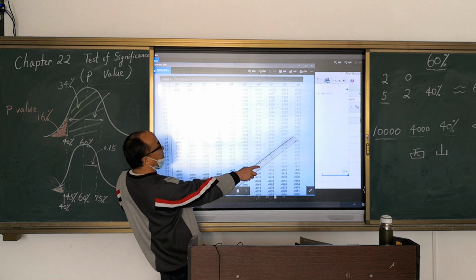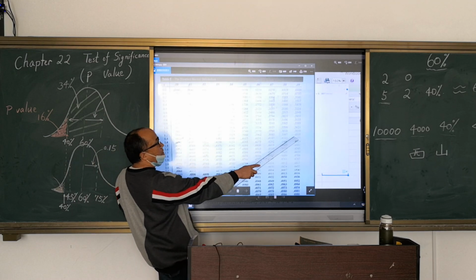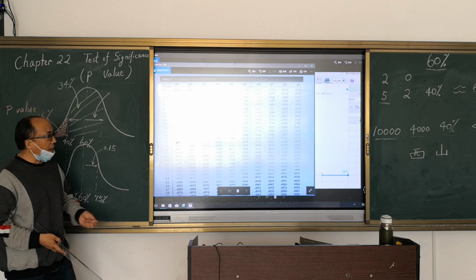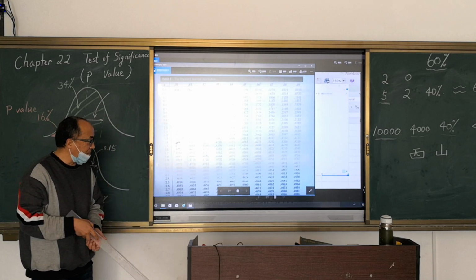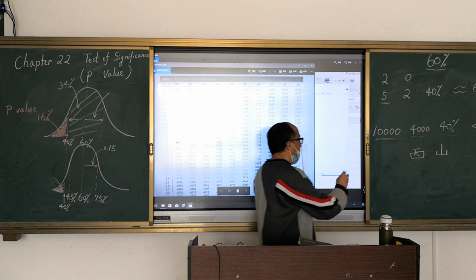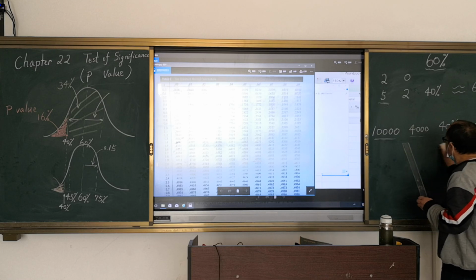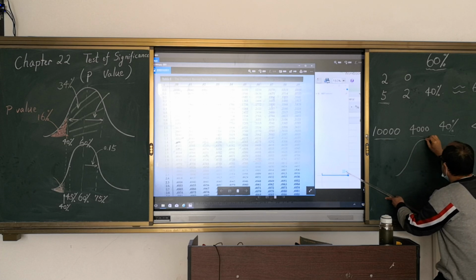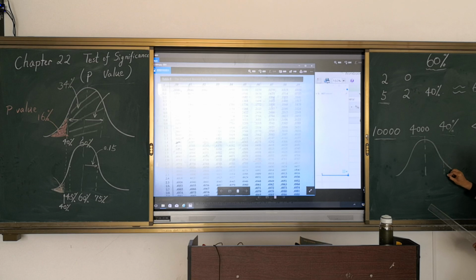1.2 is here. 4015. Where is 4015? It means that when it is 1.29 standard deviations, the distance to the center is 1.29 standard deviations.